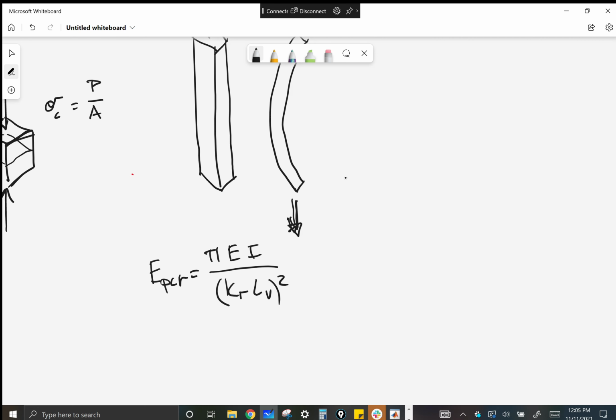be molded after the proportional limit. Okay. We know pi, obviously. K in end conditions, we already got that. L, we've already covered. I, we haven't. So what's I? Moment of inertia. And can somebody describe what that is? Yeah.